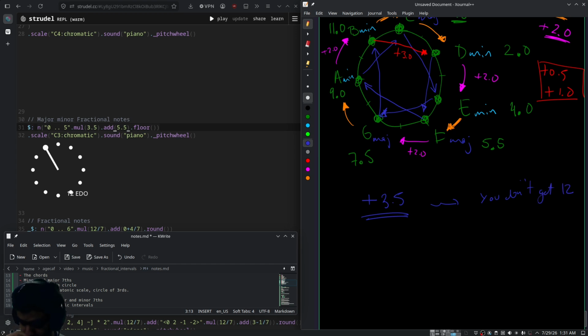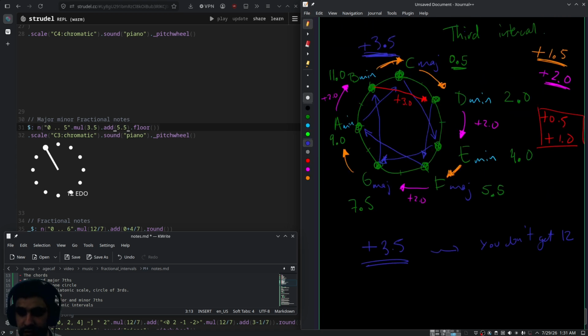And so if you keep moving by thirds, eventually you're going to need to do a plus 3.0 to stay, but you can escape by doing a plus 3.5 instead. And so that's one way.